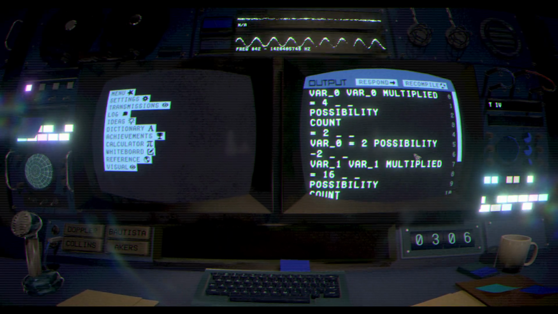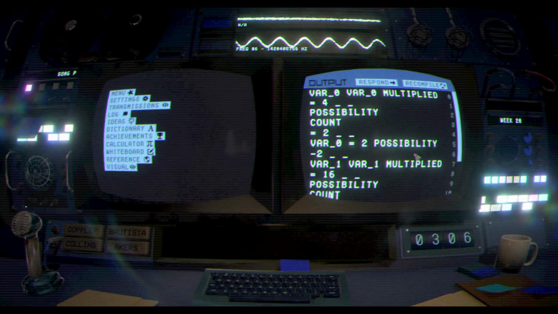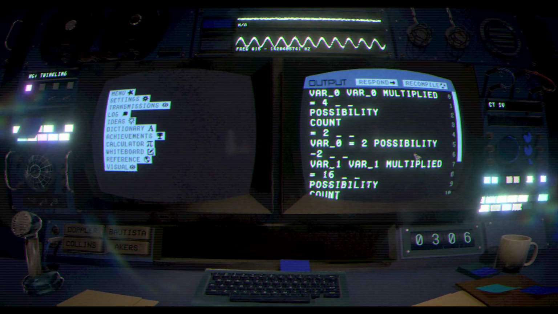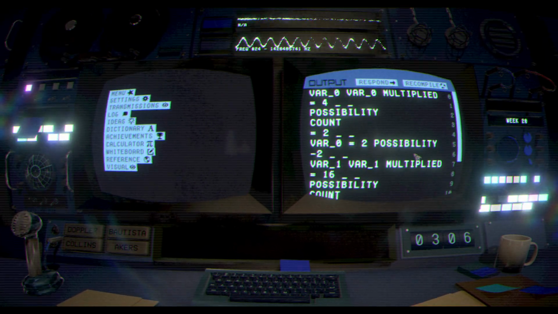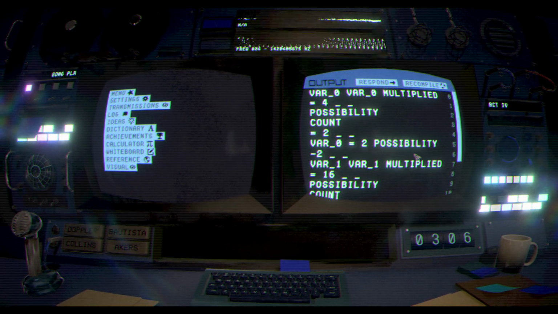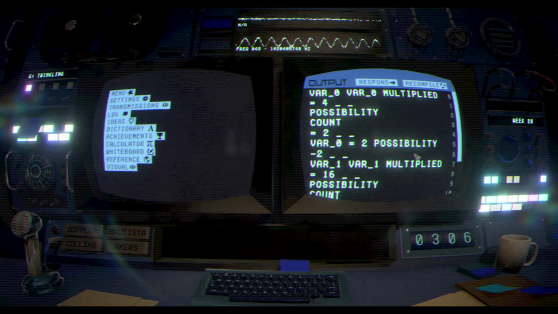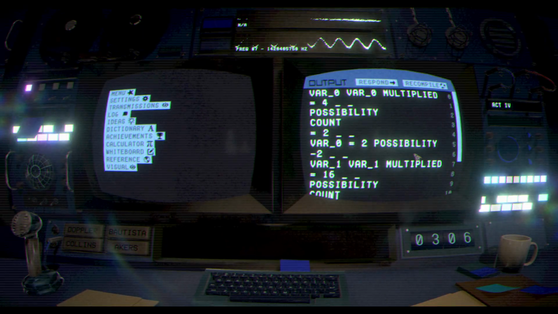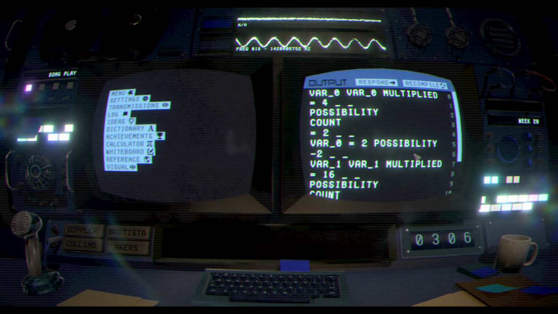Okay. Var 0 multiplied equals 4. Possibility count equals 2. Yes, because it's 1 and 4 or 2 and 2. Actually, no. What is the second possibility? Oh, it could be 2 or -2.